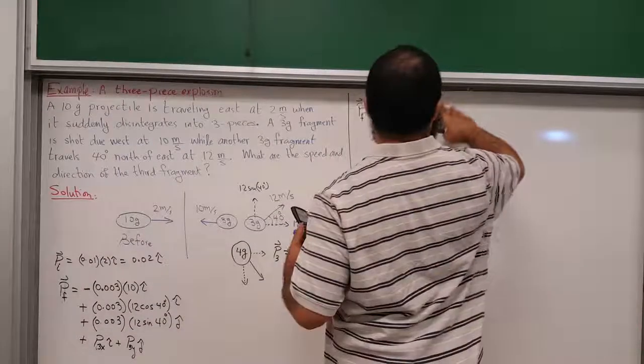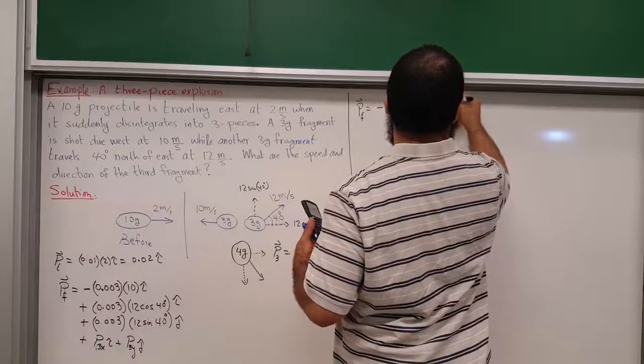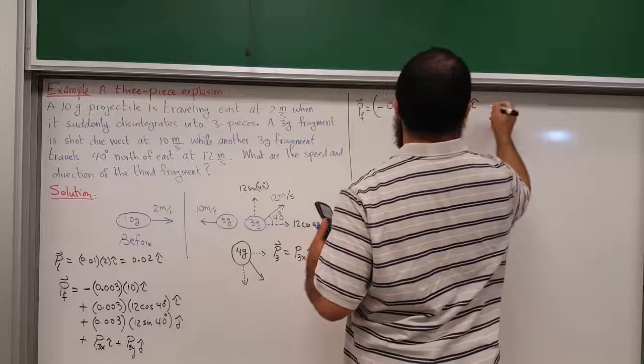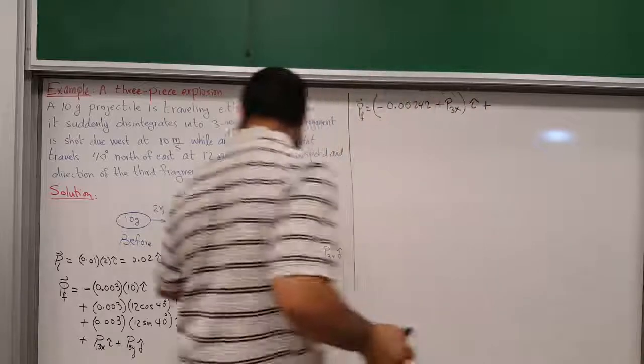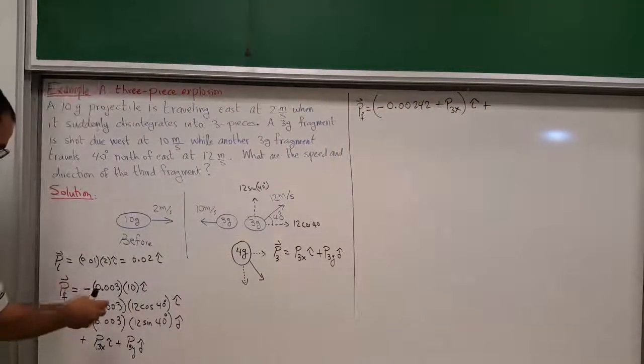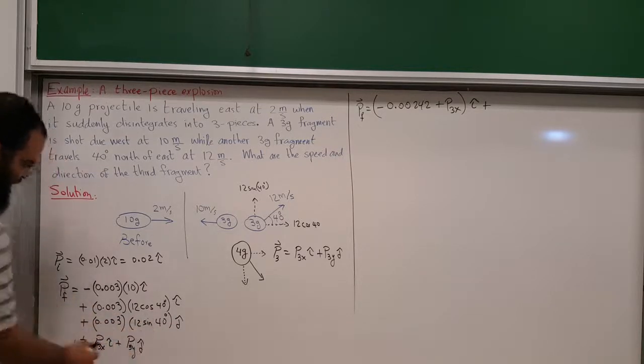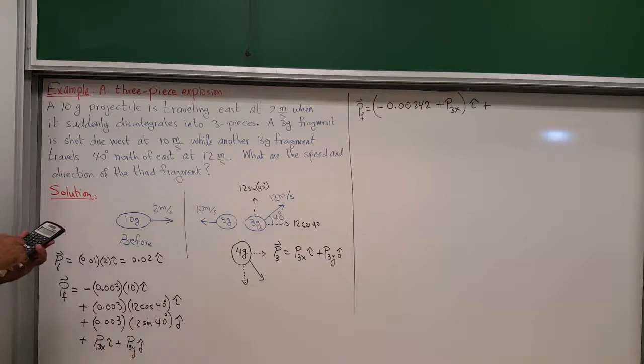So the whole thing, i hat. And then plus, now the y direction, this doesn't have any y direction, only this one has a y, and this one could possibly have a y. So this plus this. So we will do 0.003 times 12 times the sine of 40 degrees.